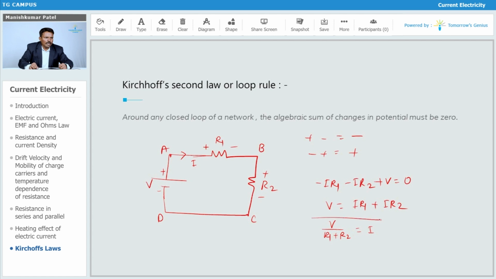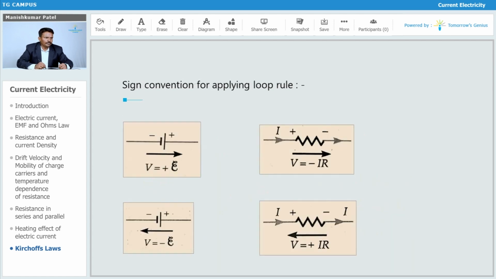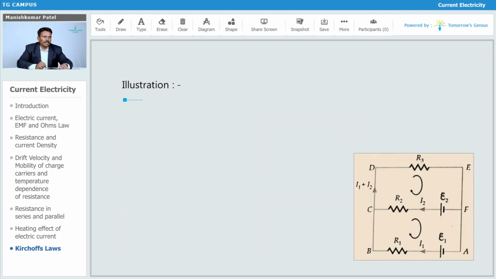This is the value of current through this circuit. This is the sign convention: moving from minus to plus, write a plus; plus to minus, minus IR; again minus to plus, plus IR; and so on.